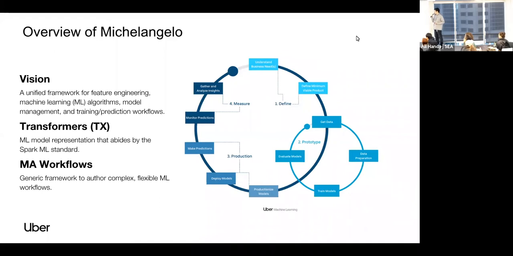Toward that end, we came up with transformers as the model representation. If you are familiar with Spark, transformers is a concept of Spark ML. Why do we adopt transformers as a model representation? Because it's widely adopted as an industry standard for models. And for machine learning workflows, there are many workflows out in the industry.